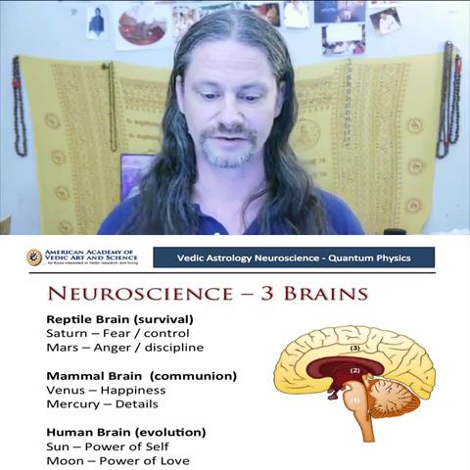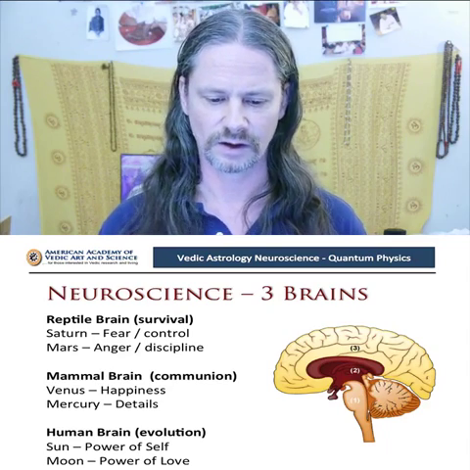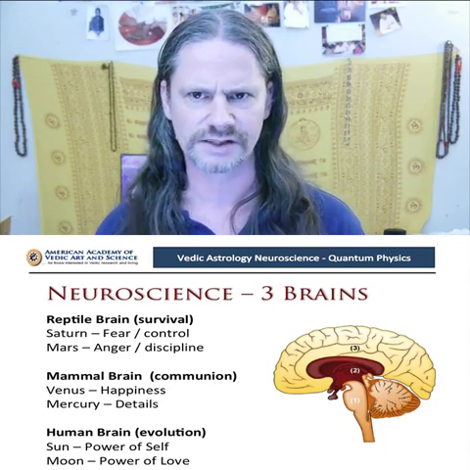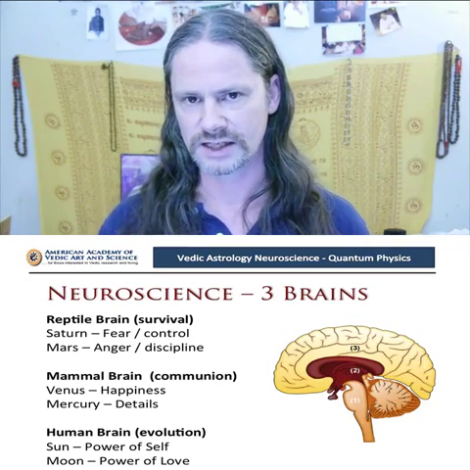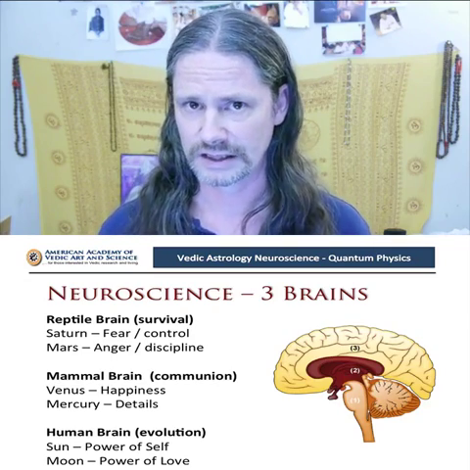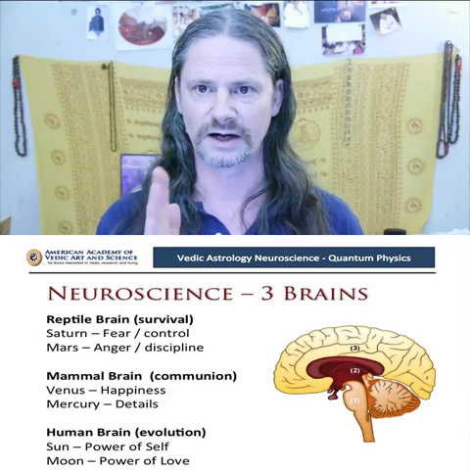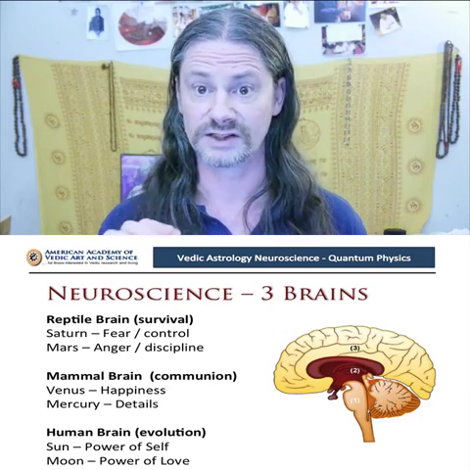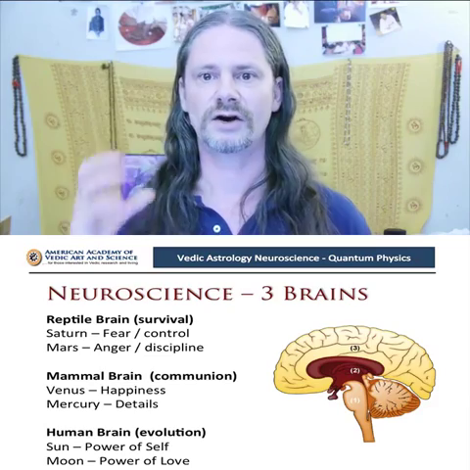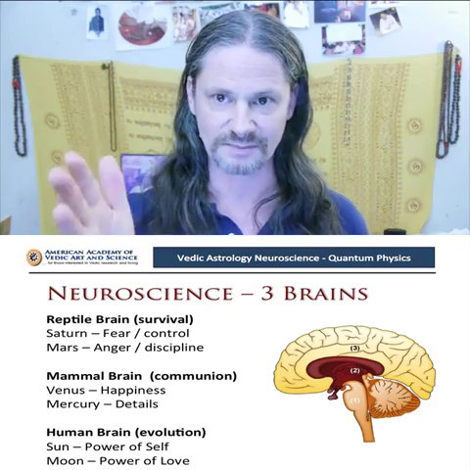So Saturn is about fear and control, and Mars is about anger and discipline. So again, these things protect us and keep us alive. And on the primal level, Mars is like that heartbeat, that primal pulse in your body. And Saturn is that thing that makes it happen for a long time.